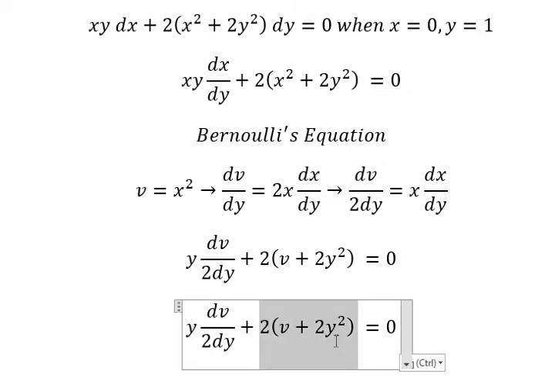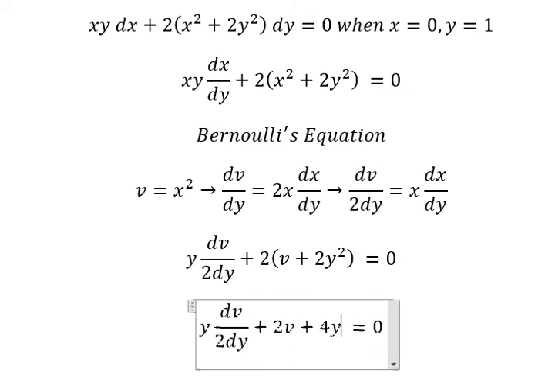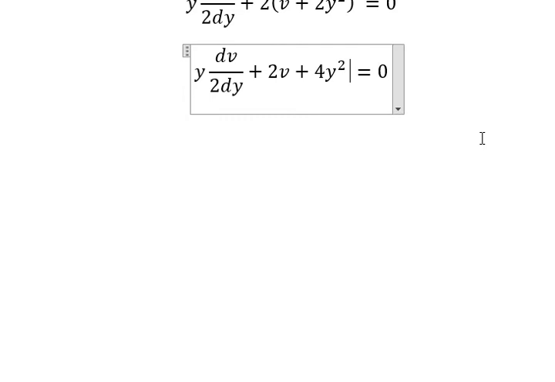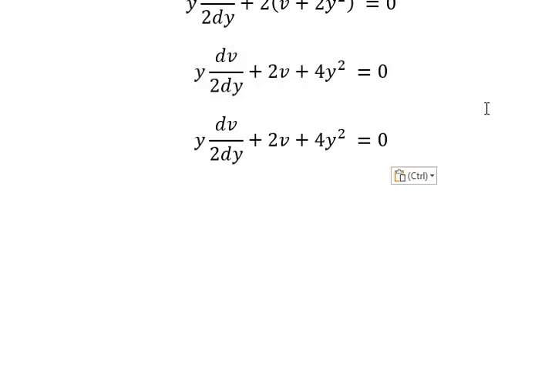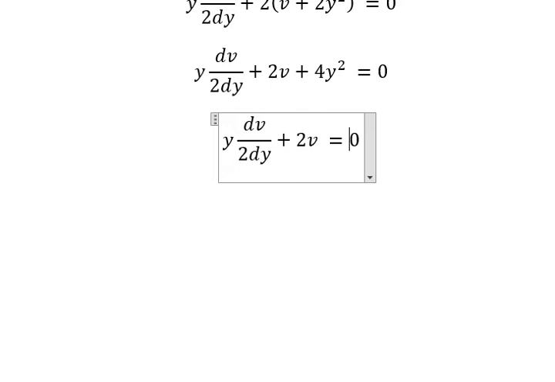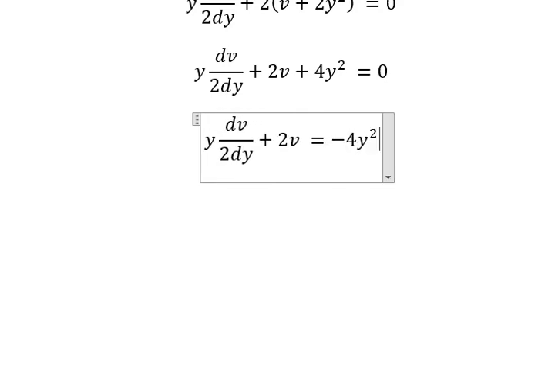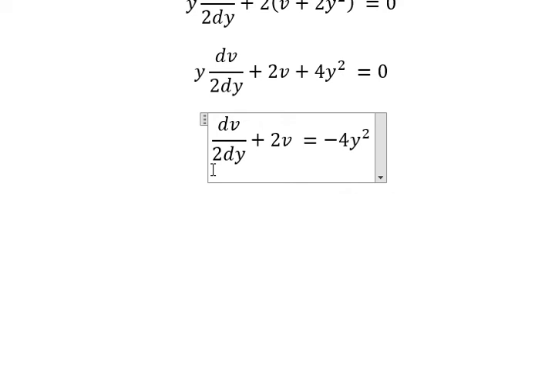This one we have 2v plus 4y squared. Now, I will put this one to the right. Next, we divide both sides by y over 2.